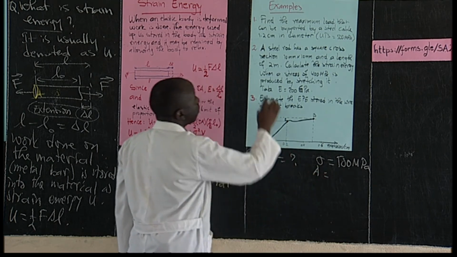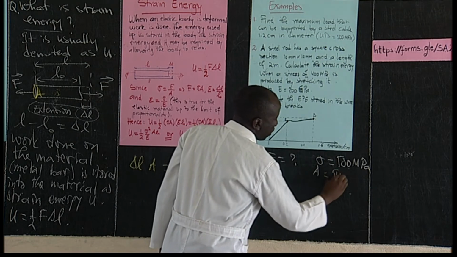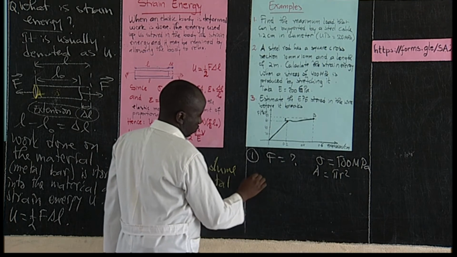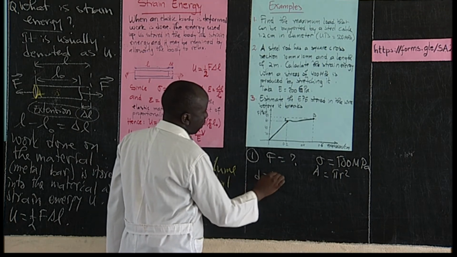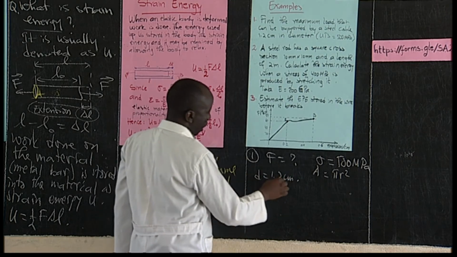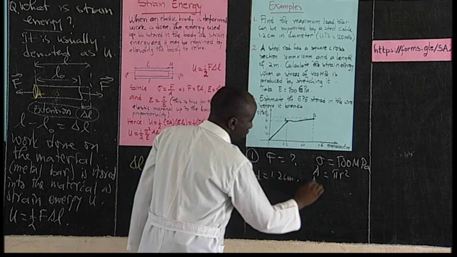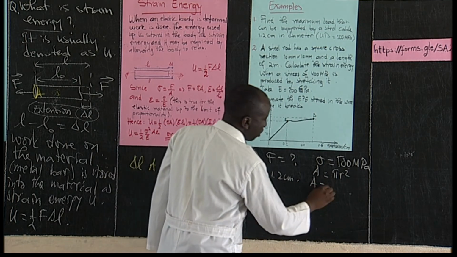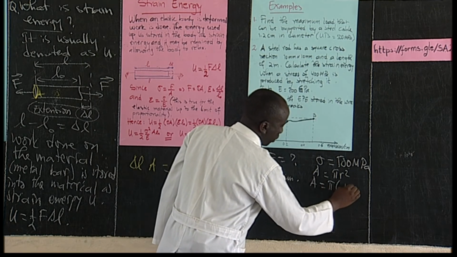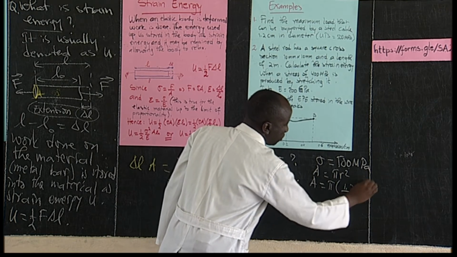The area is determined from the diameter, and this is pi r squared. The diameter equals 1.2 centimeter, and then the area is going to be equal to pi times (1.2 times 10 to the power minus 2 over 2).